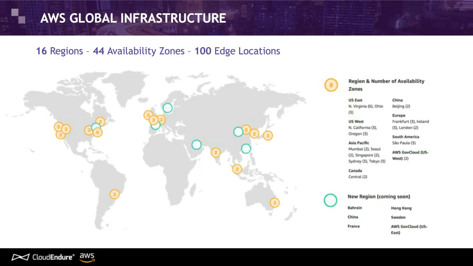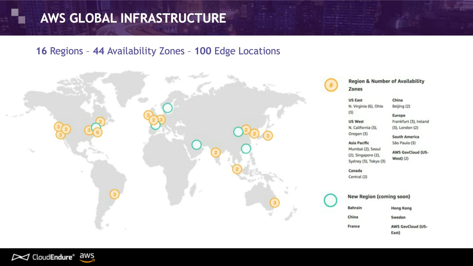Here we have the AWS global infrastructure. The AWS cloud infrastructure is built around the concept of regions and availability zones, or AZs. A region is a physical location in the world where we have multiple availability zones. Availability zones consist of one or more discrete data centers, each with redundant power, networking, and connectivity, housed in separate facilities.